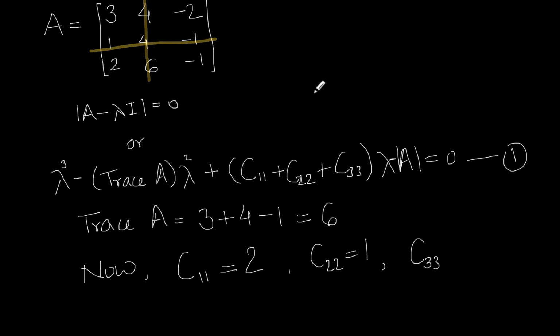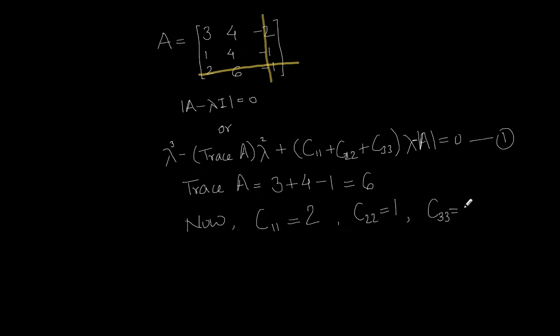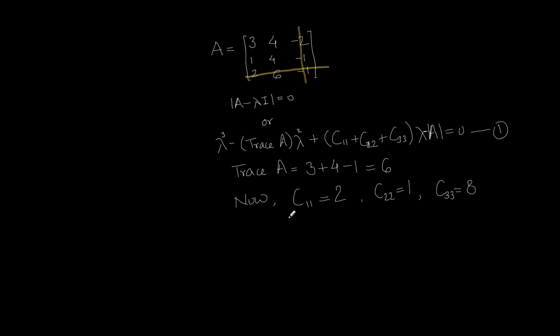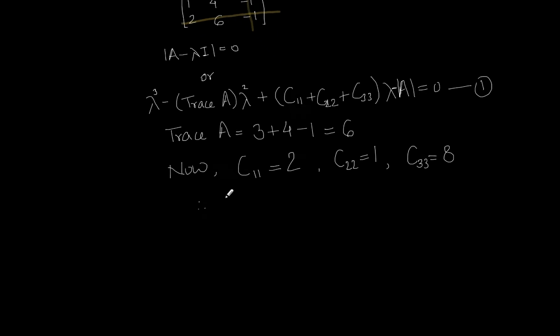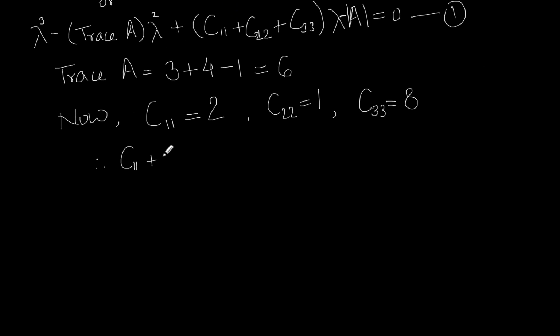Similarly, find the cofactor corresponding to the entry a33. Just find the determinant of this, so it will be 8. Now the sum of these cofactors will be 8 plus 1 plus 2, which is 11.